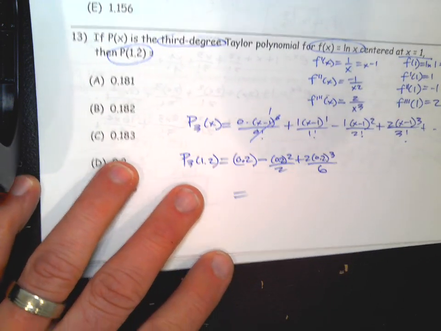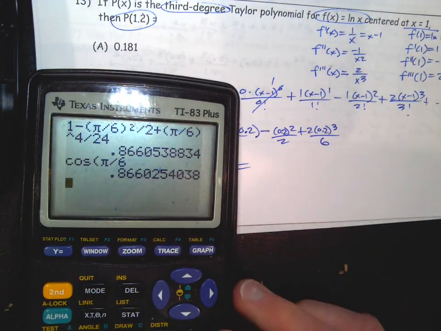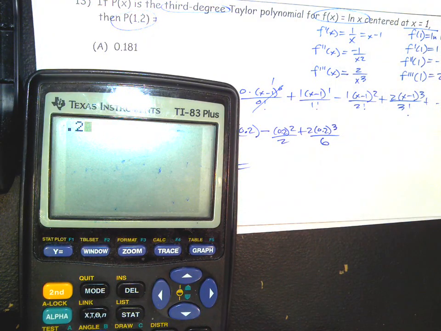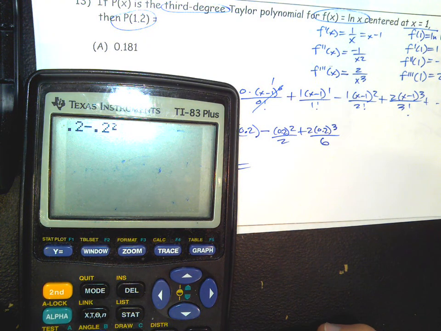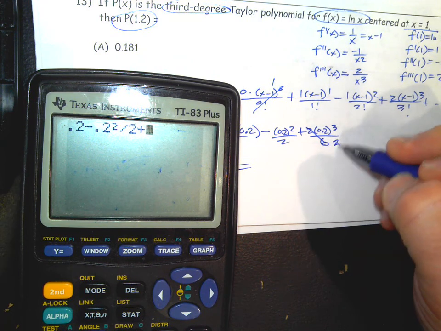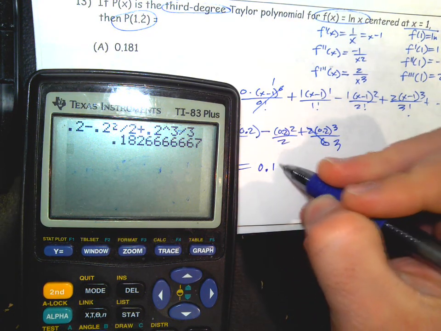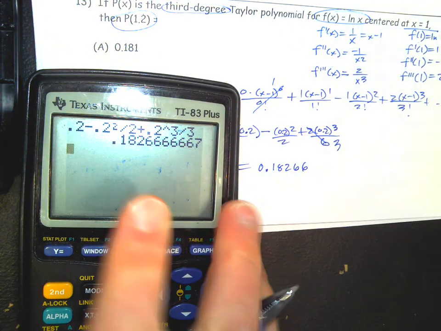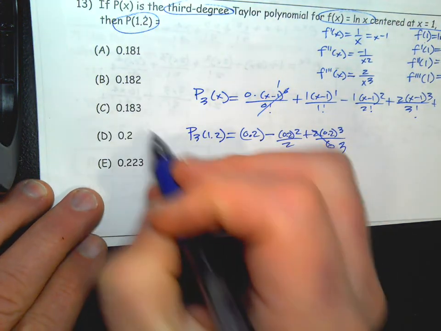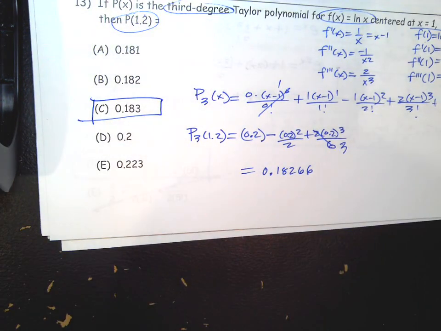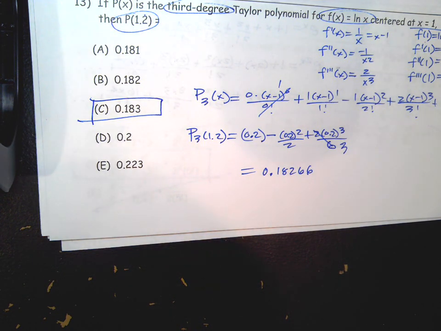So I'm going to put that in my calculator and see what I get. 0.2 minus 0.2 squared divided by 2 plus, you could make that 1/3, just to make it easier, 0.2 to the third power divided by 3, 0.18266, which this is the closest to it. I'm assuming they're rounding. If it were rounding or truncating, they wouldn't give you both options.